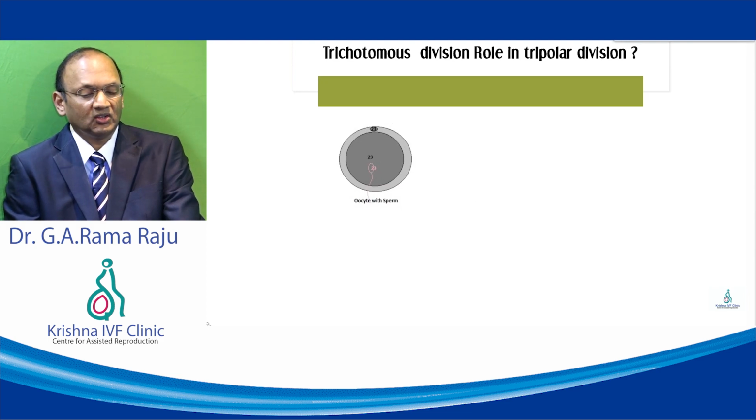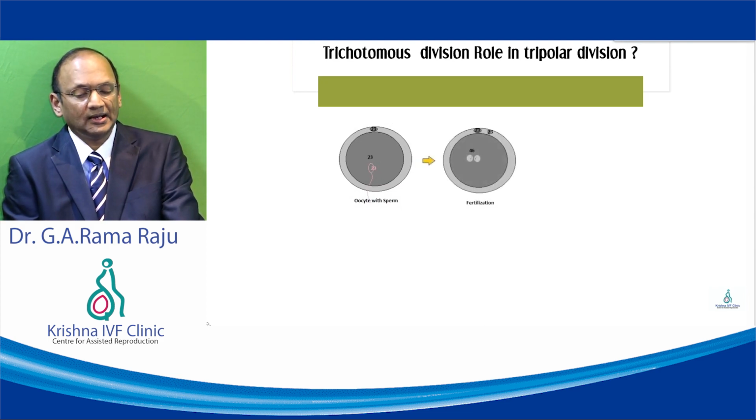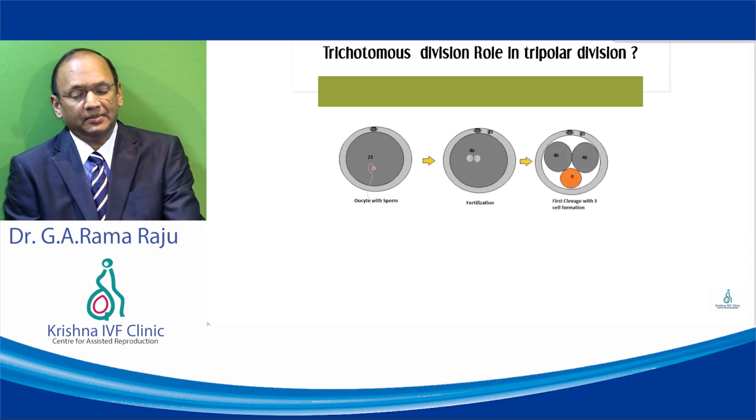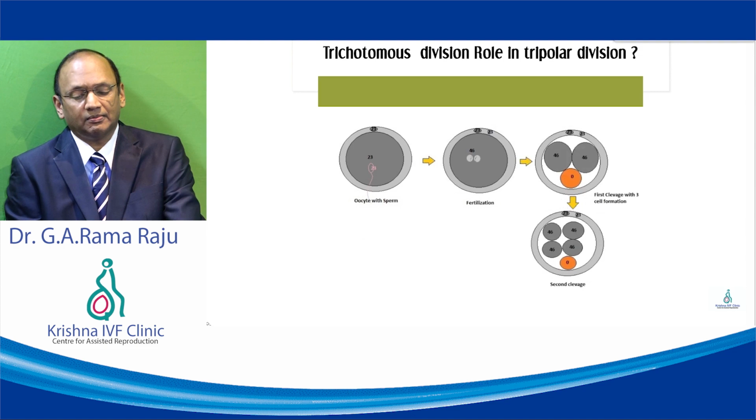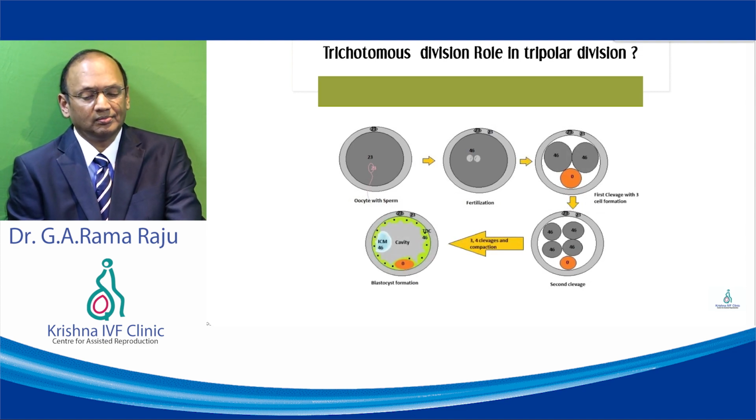Here the oocyte with the sperm, it's the fertilization and the 2PN, and the first cleavage happened and there is an extra genetic material. That cell remained throughout the embryo development as an extra cell, which you will see in the video.